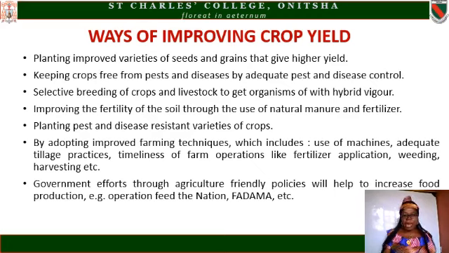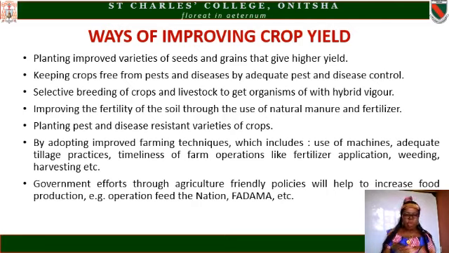Planting improved varieties of seeds and grains that give high yield. Now, we have lots of improved varieties of seeds and grains. You go and look for those types. You can find them in agric shops. You buy them and plant them. They germinate, they grow very fast, and they also start fruiting very fast.